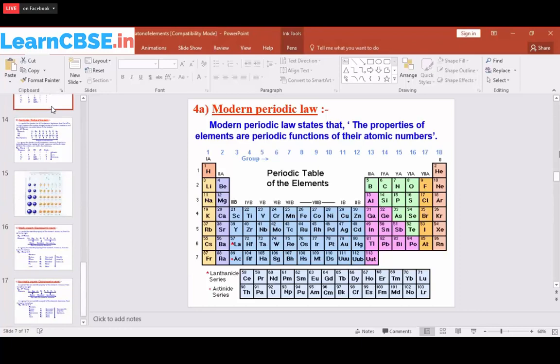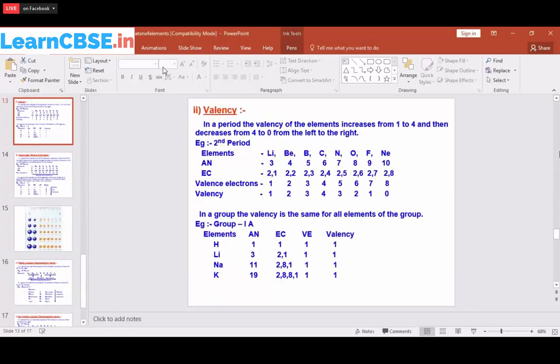Now, valence electrons are the electrons present in the valence shell, the outermost shell, that can be gained or lost.